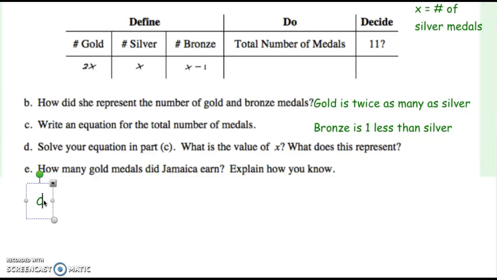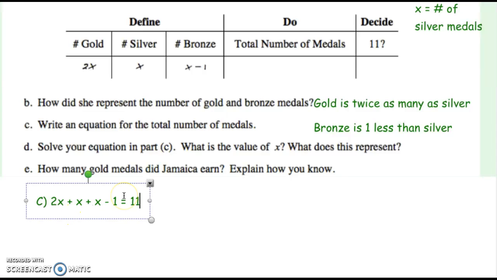So the way I would do that, I'm going to write C down here. I would add 2x for gold plus x for silver plus x minus 1, and all of those together we need to get 11 medals. So if I add all of those, that should equal 11.